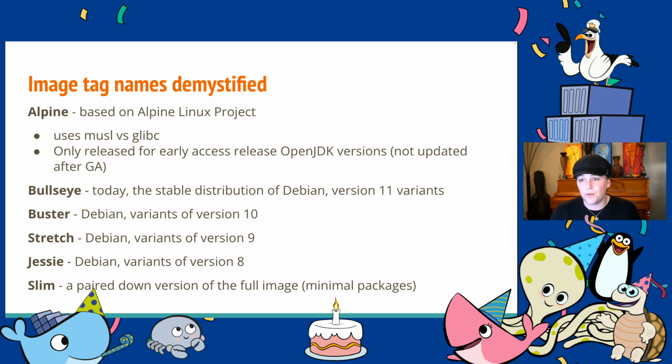In fact, the port for Alpine is not even supported. It's not in a supported release by OpenJDK, and Alpine images are only released for early access OpenJDK version releases. They're not updated after they hit GA on a release. So that's good to know about these Alpine images.